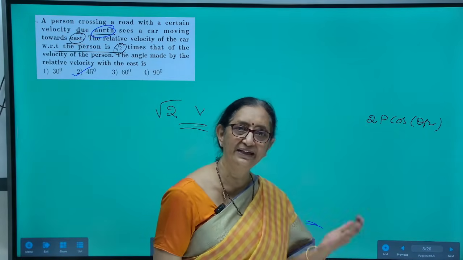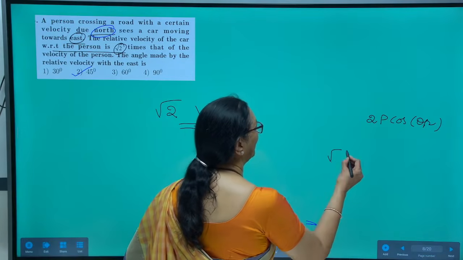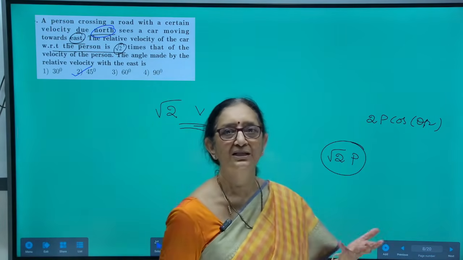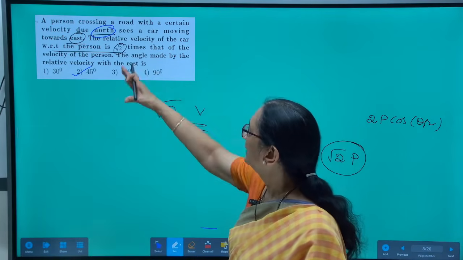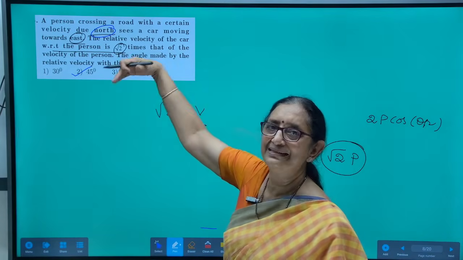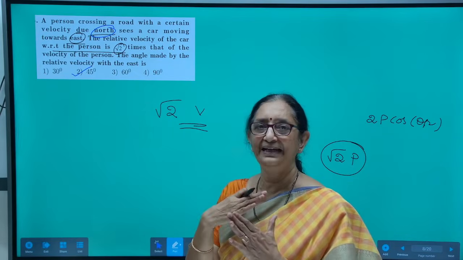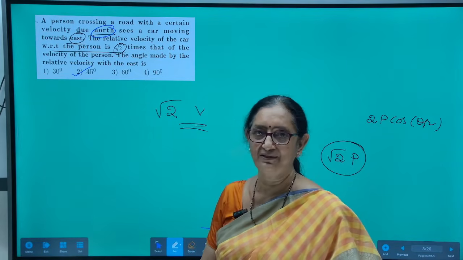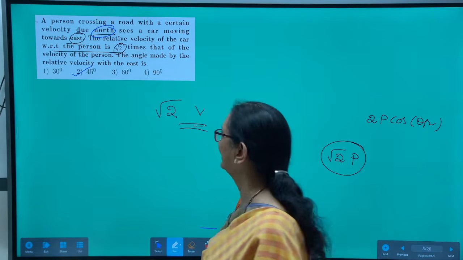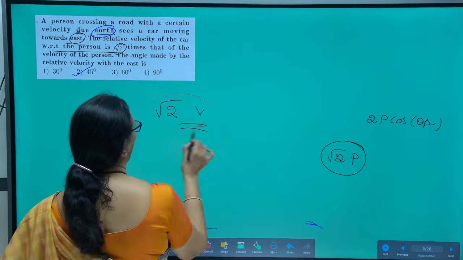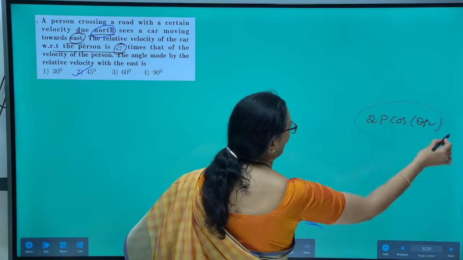Sum or difference of two right angled vectors is root 2 P. So, here the relative velocity is root 2 times the individual, so definitely it will be the angular bisector. So, it makes 45 degrees. Just looking at that problem you can pick up the option.